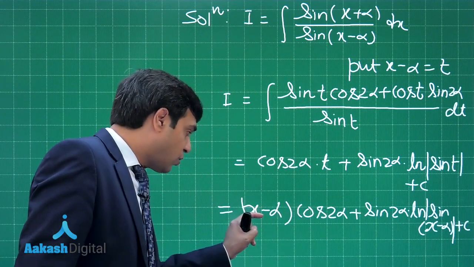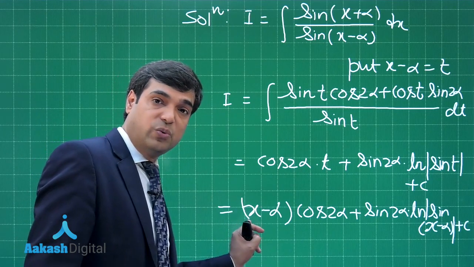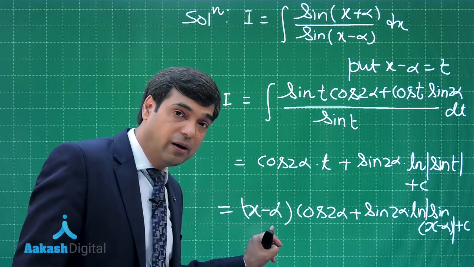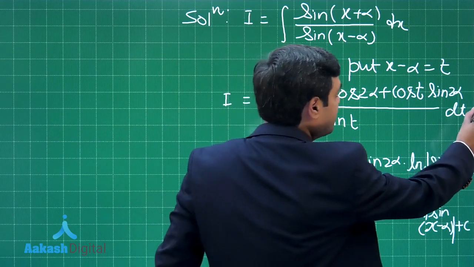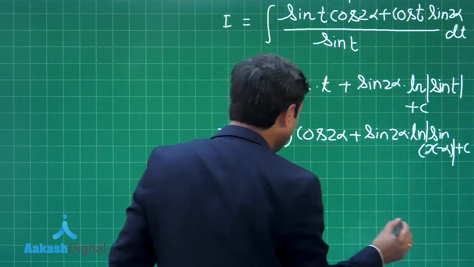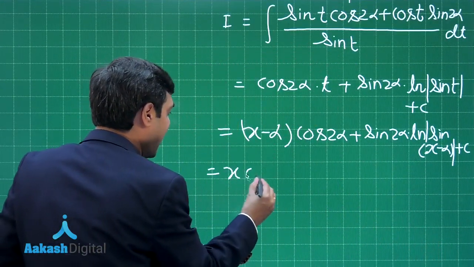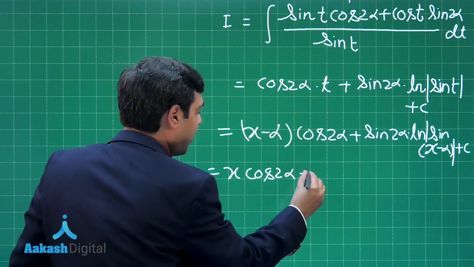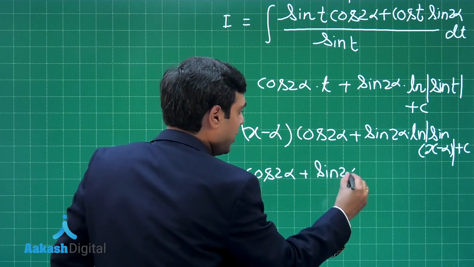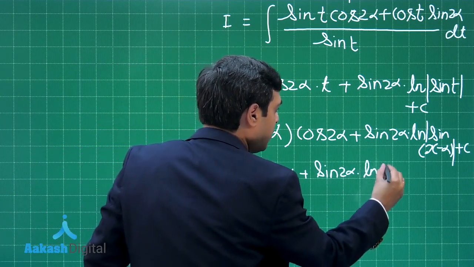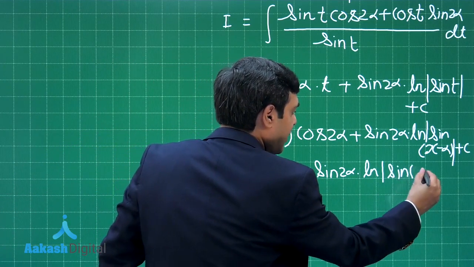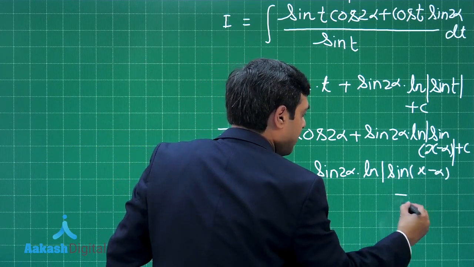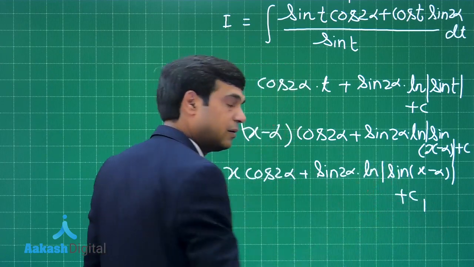Now, just check one more thing. If you multiply this cos 2 alpha here, it is x cos 2 alpha minus alpha cos 2 alpha. This can be added to the constant of integration and can be written as x cos 2 alpha plus sine 2 alpha into log mod sine of (x minus alpha) plus c1.